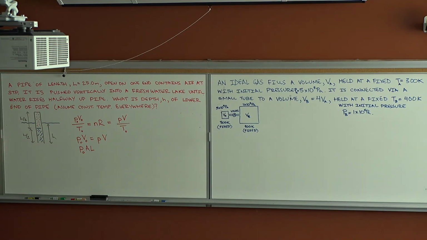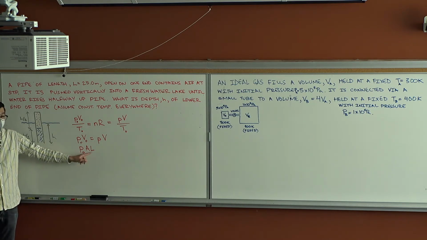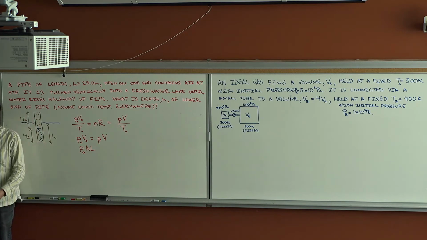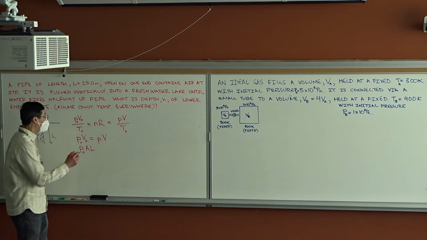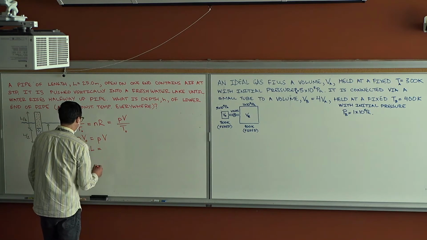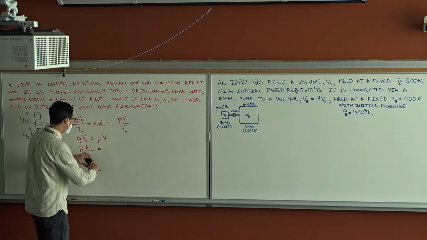Because it's a cylinder, or even if it's not, right? The cross-sectional area A times the total length is full of air originally. So afterwards, that is B.